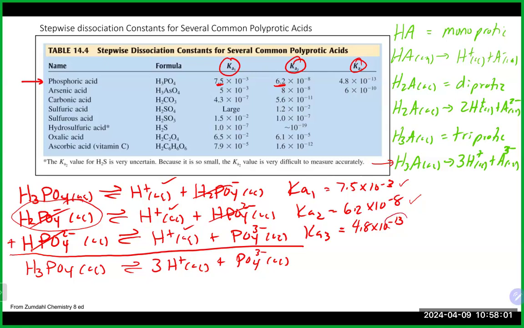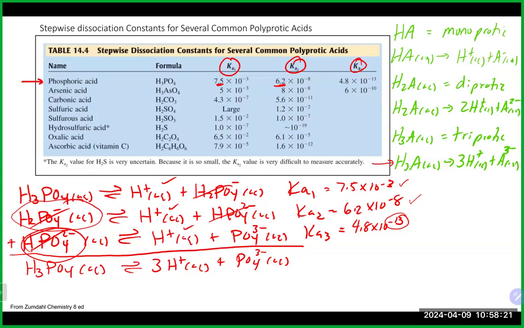It gets even worse when we try to rip off the third hydrogen, because now we have a minus 2 charge, which means it's going to kind of stay together and not much hydrogen is going to come off. So with polyprotic acids, it's much easier to remove the first hydrogen than the second or the third. If there are 3, it gets more and more difficult.